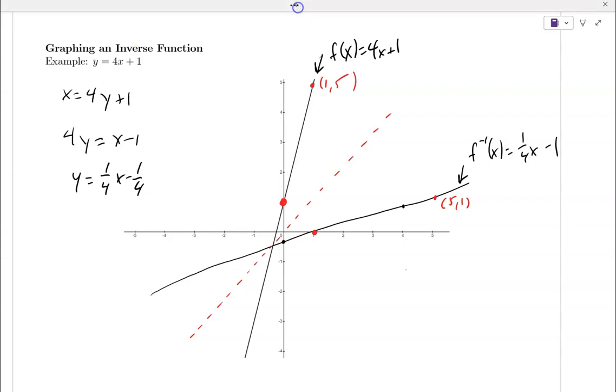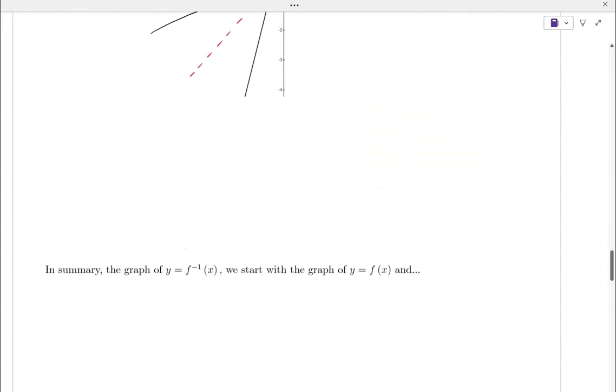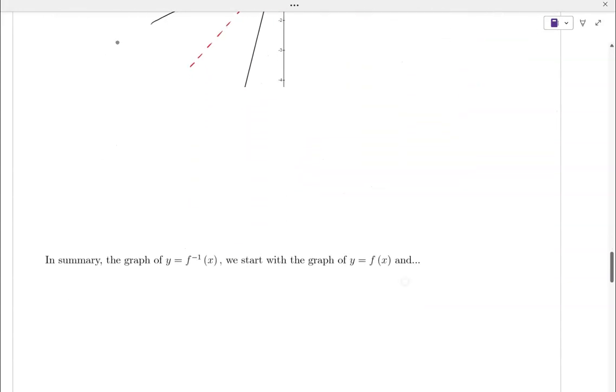So the way that we can get, if we just had the graph and wanted to get a graph of the inverse, we start with y equals f of x, and we reflect the graph about the line y equals x.